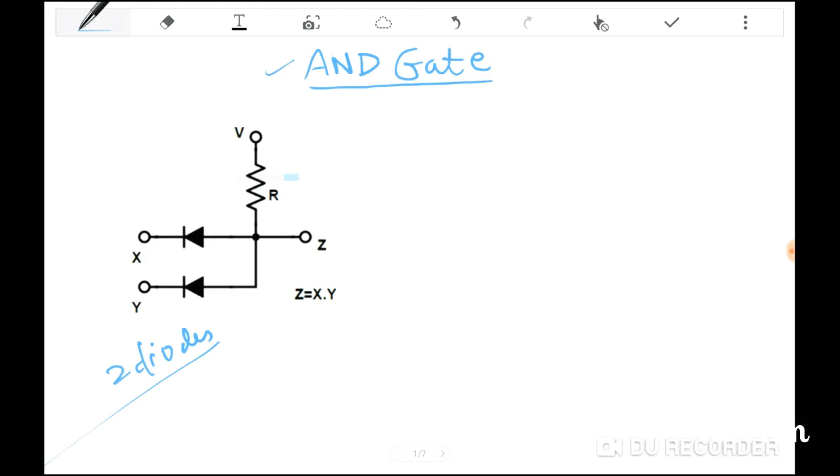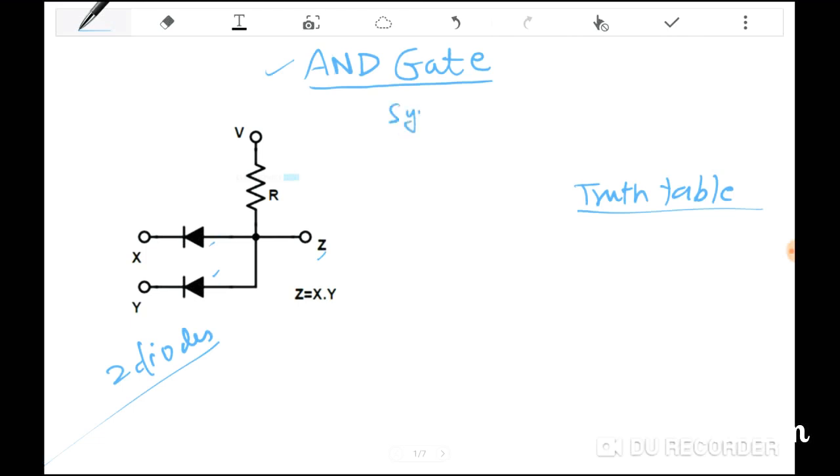As you can see, there are two diodes here, and there is one output. According to that, I'll be drawing a truth table for you, so that it will be much easier for you to understand as well. Before that, I will tell you how the AND gate looks symbolically.